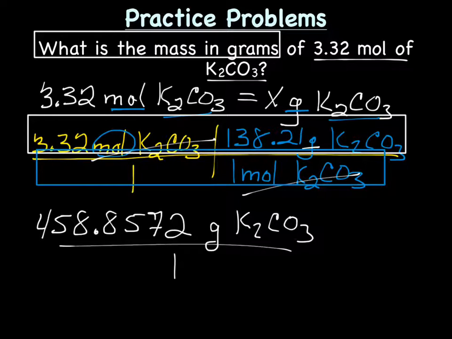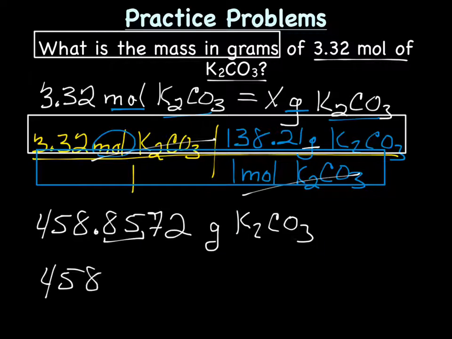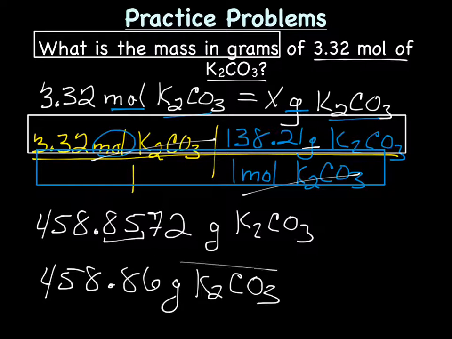So we can actually kind of ignore that step for this particular problem. And if we want to just keep 2 digits after the decimal, since the first number we're going to drop is a 7 and it's 5 or bigger, that rounds up our 85 to 86. So our final answer is 458.86 grams K2CO3.